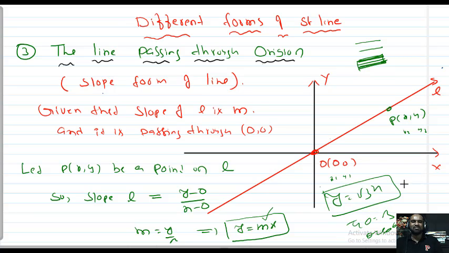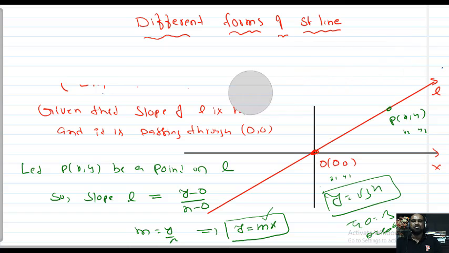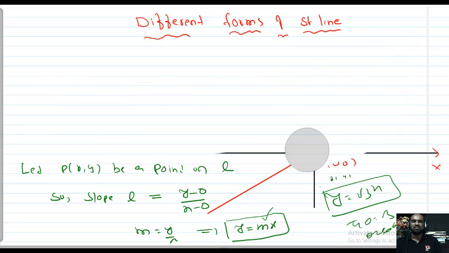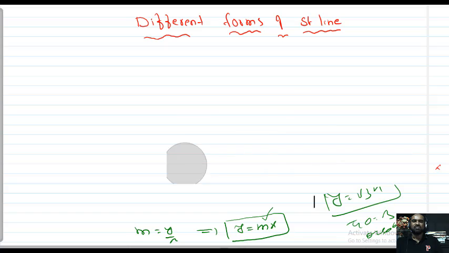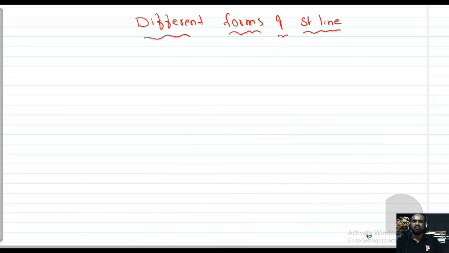Its inclination is 60 degrees. In this way you can find its inclination and slope. So this is the third form, called the slope form of a straight line. Final discussion, students: y equals mx is said to be the slope form of a straight line, or in other words, a line which passes through the origin having slope m.